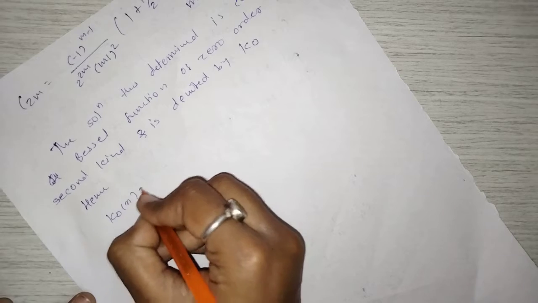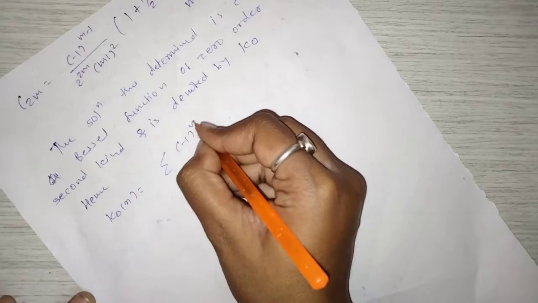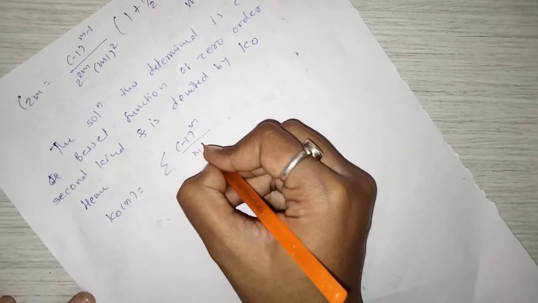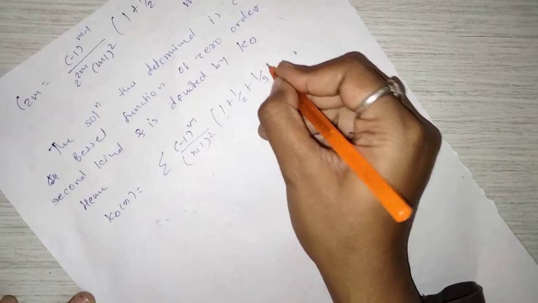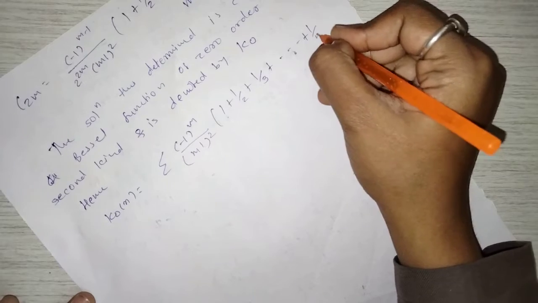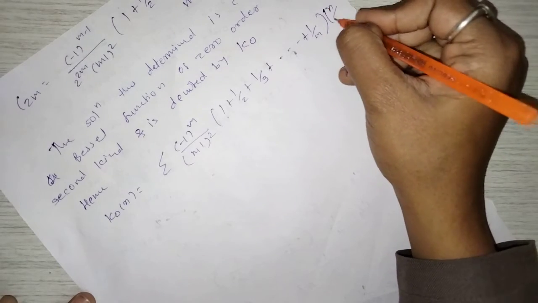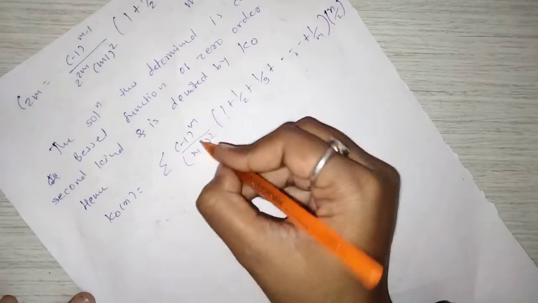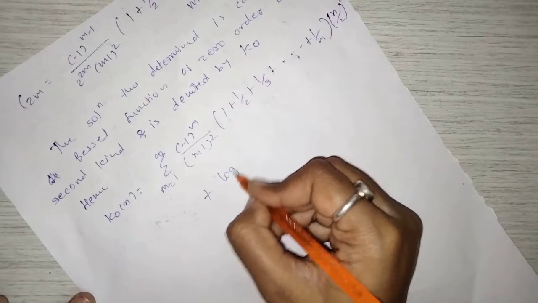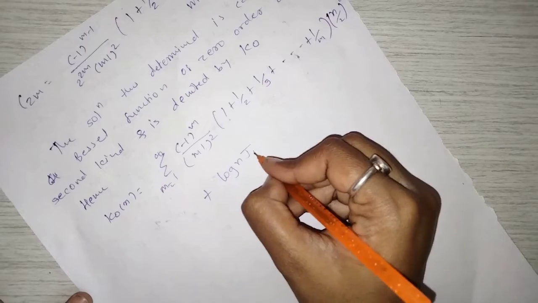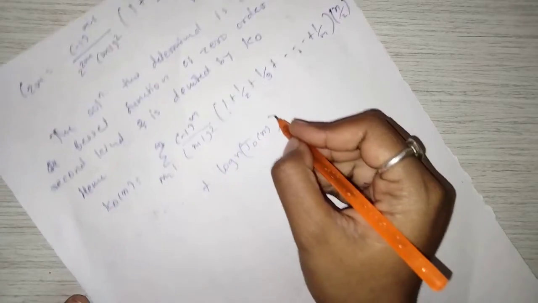Hence k naught of x equal to summation minus 1 raised to m upon m factorial bracket square into 1 plus 1 half plus 1 upon 3 plus and so on plus 1 upon m into x upon 2 raised to 2m, m starting from 1 to infinity, plus log of x into phi 1 of x, which is nothing but j naught of x.